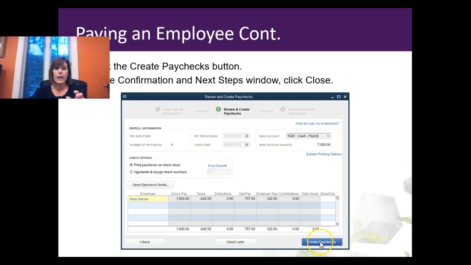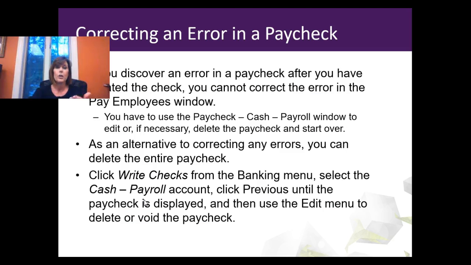If, however, you've already created the paychecks, you can't go back in here and fix it. The only thing you can do is go into the bank account itself and into the check register. You can edit the check and fix whatever is incorrect about it. And then if you haven't printed the check, you can just print it at that point. If you've already printed the check, then you will need to void the check that you printed and print a new check.